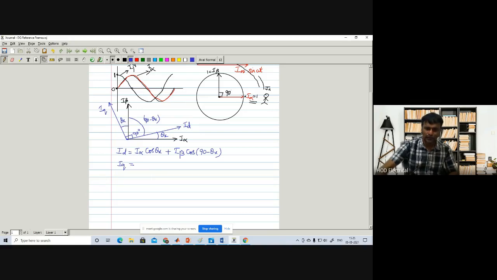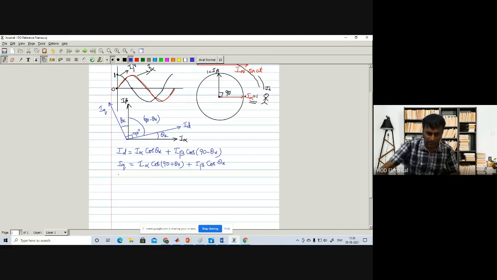Similarly, IQ we can write as I alpha with respect to IQ, where the angle is 90 plus theta x, so cos of 90 plus theta x, plus I beta into cos of I beta with respect to IQ, which is theta x.